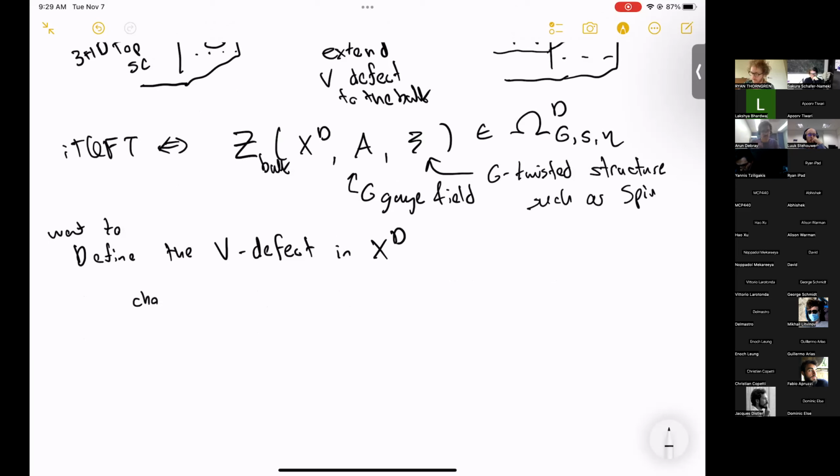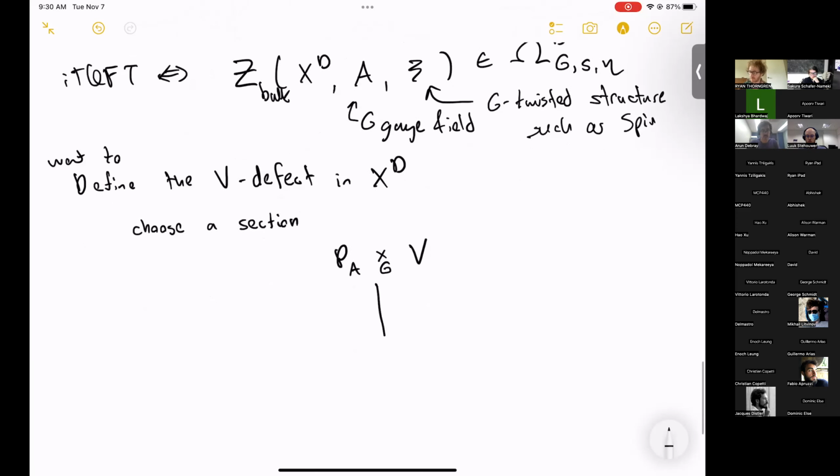We're going to choose a section of a certain bundle. Let P_A be the gauge bundle for A, and let's consider this associated bundle. We use the action of G on our vector space to create a vector bundle. This will be some bundle over X_D, and we're going to choose a section phi of this bundle. If the gauge field is trivial, this is just a map to V. So this is like our symmetry breaking field chosen over the spacetime.